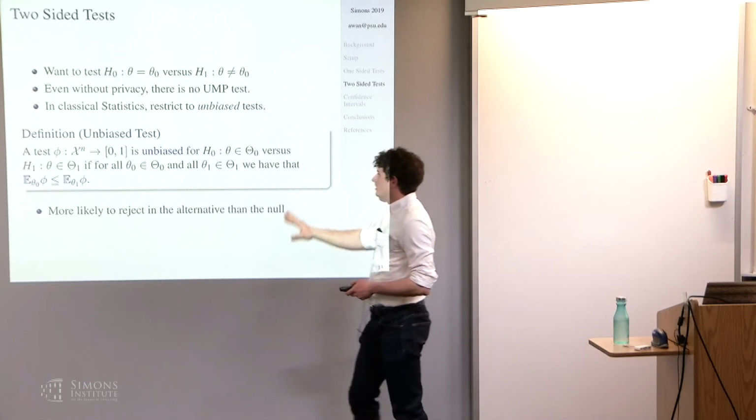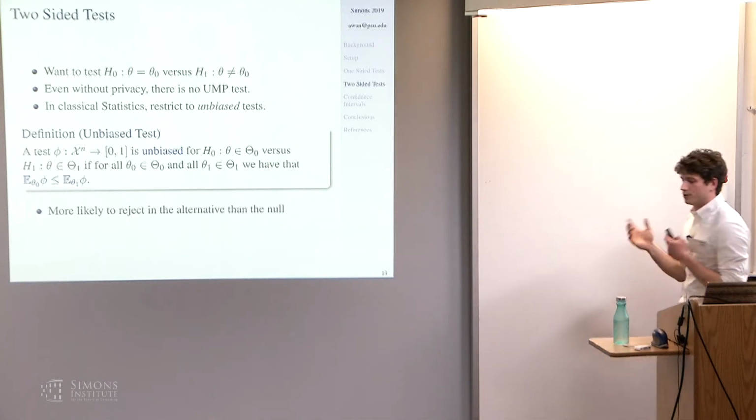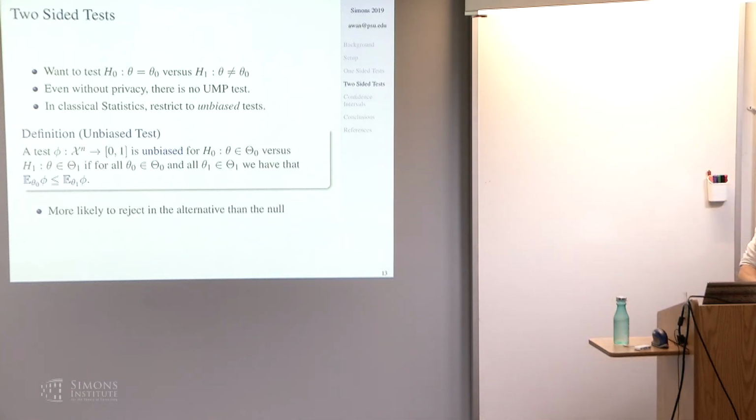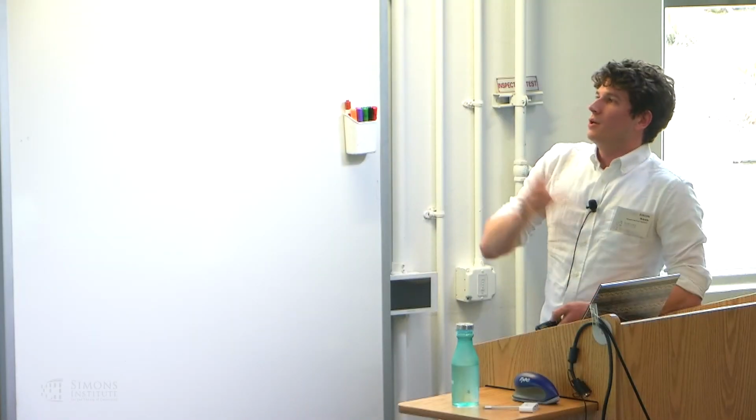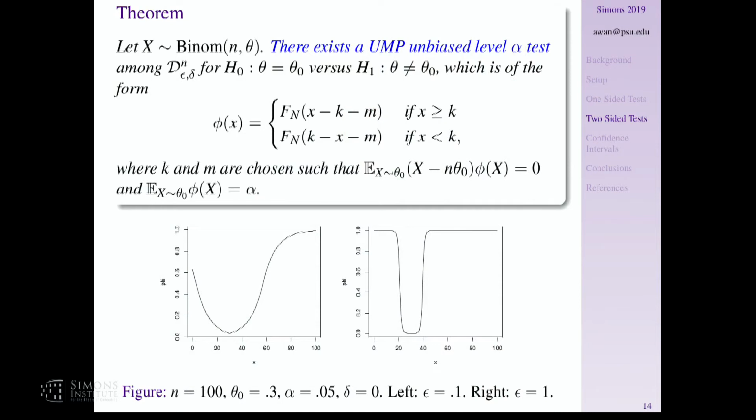Right, so with this unbiasedness, the idea is that we want to be rejecting more often in the alternative than the null, no matter which values we take from the alternative or null. So using a similar construction, we're able to get a UMP unbiased alpha test among our DP tests. And the argument is similar.